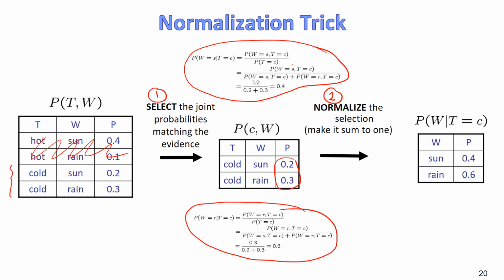Remember, we use the normalization trick when we are given the joint distribution and we want to calculate the conditional distribution. When we have a condition, this means that we have evidence. We select from the joint distribution the rows that match the evidence. Then we normalize.